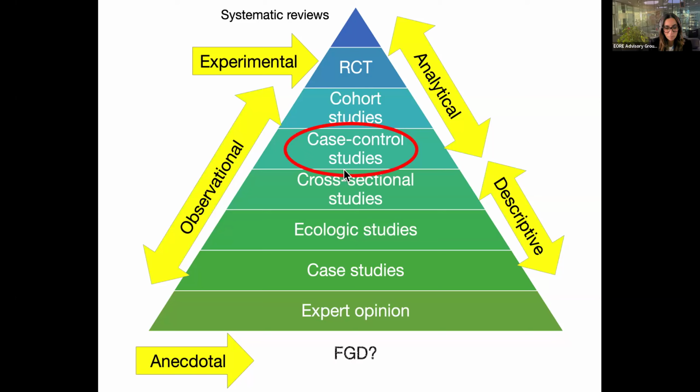Also note where focus group discussions come in. They are anecdotal discussions. So in terms of evidence, although we like focus group discussions as a way of adding qualitative context and depth and color to our work, in terms of hard science, case control studies are much more useful.